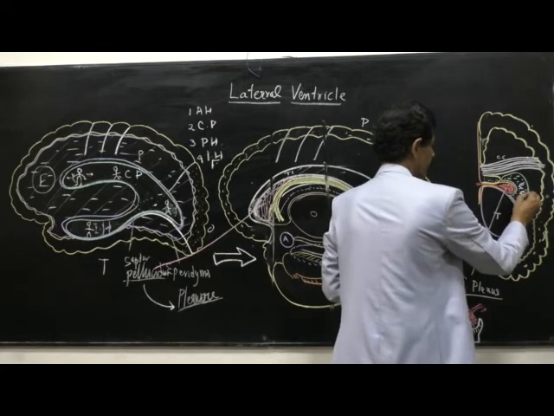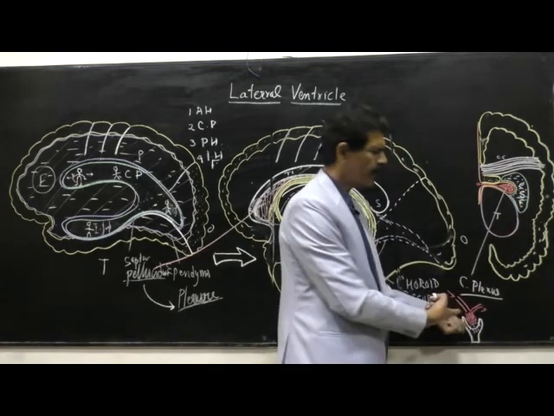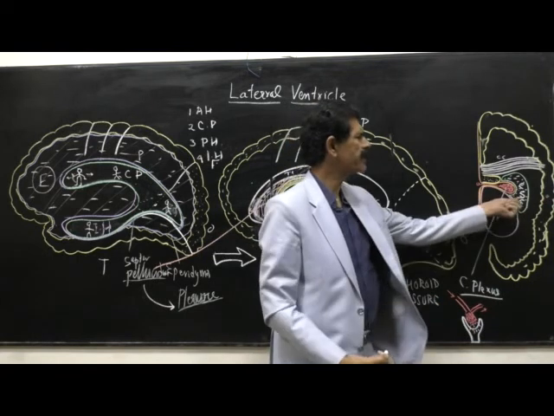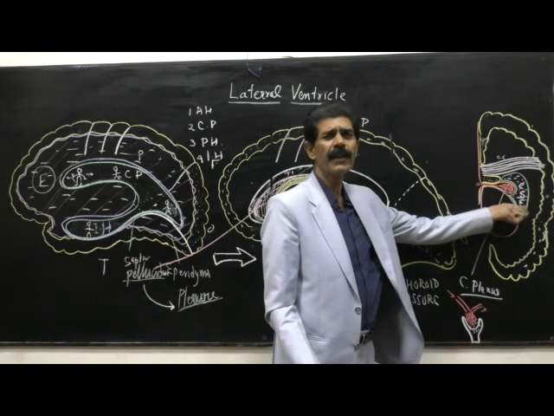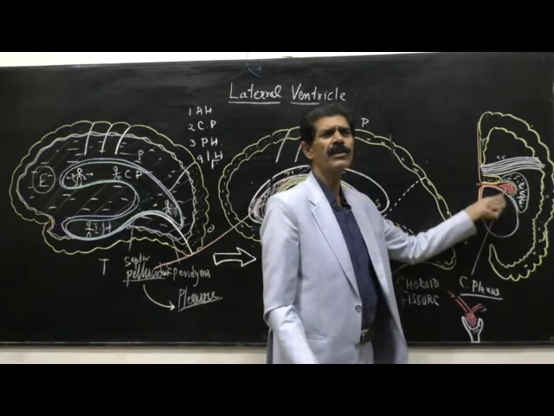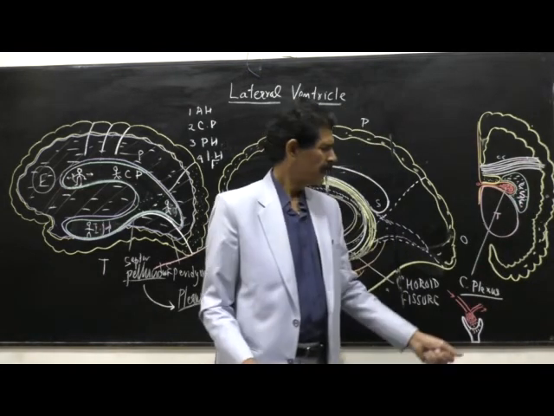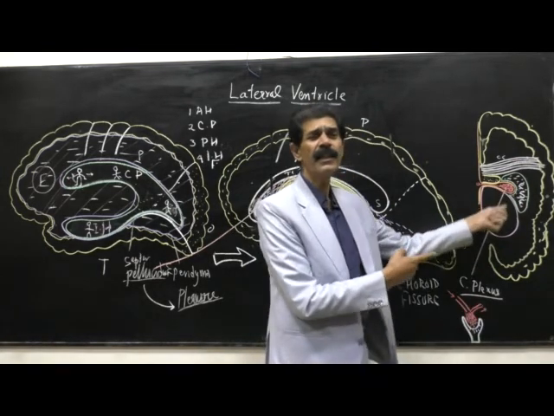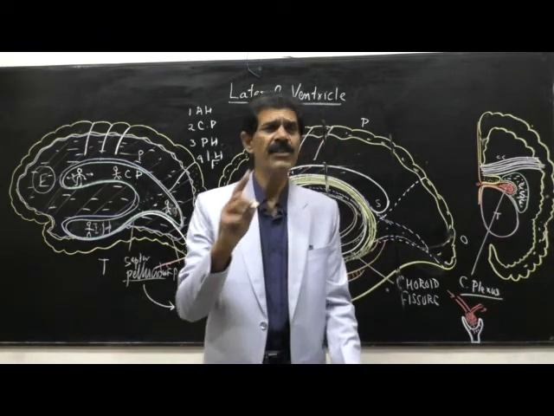So this is CSF. So here is the filtration. Urinary filtrate is formed in the Bowman's capsule, and here CSF is formed in the lateral ventricle. So it is almost an equal thing. Now here it is the excretion, but here the CSF is a secretion.